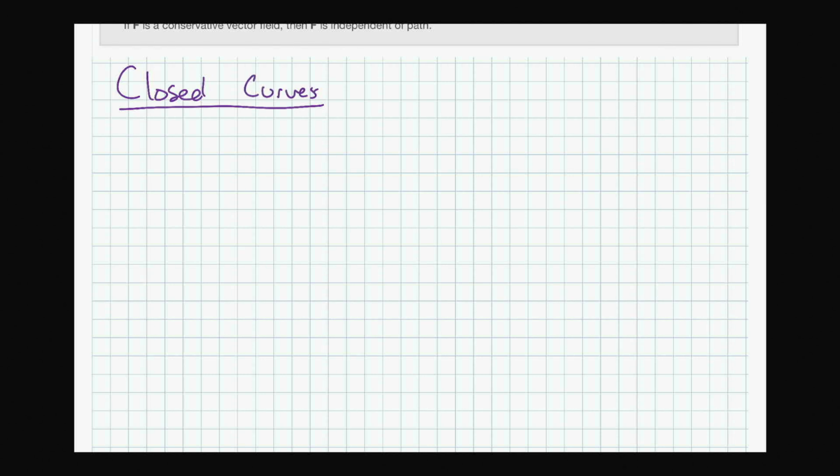So if C is a closed curve, then, I'll say a closed curve will be wordy here.